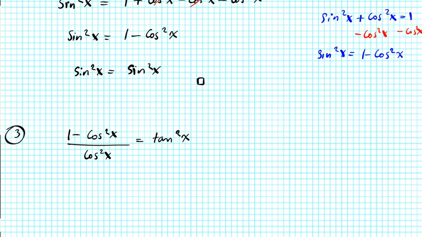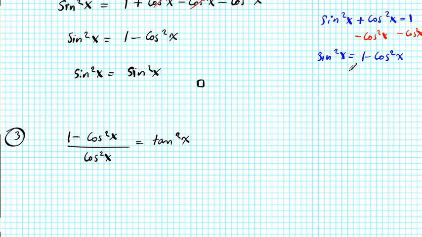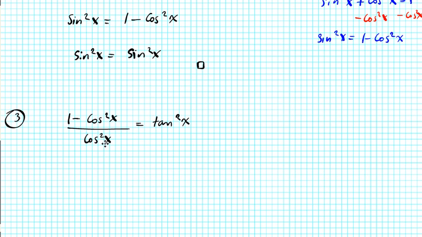Well, let's take a look at what we just did in question number 2, though. We found out that sine square x is equal to 1 minus cosine square x. So we can condense this into simply sine square x by using the Pythagorean identity. So this numerator right here can be condensed into sine square x over cosine square x.